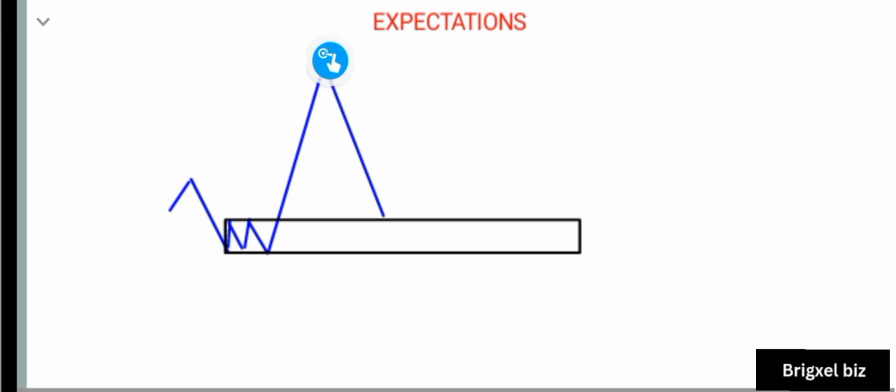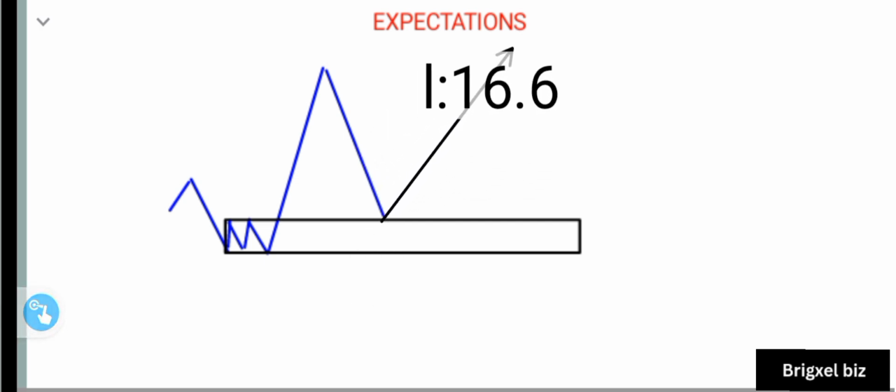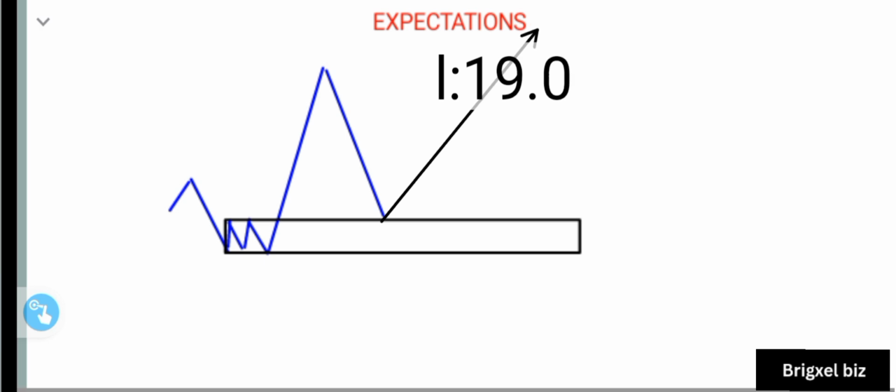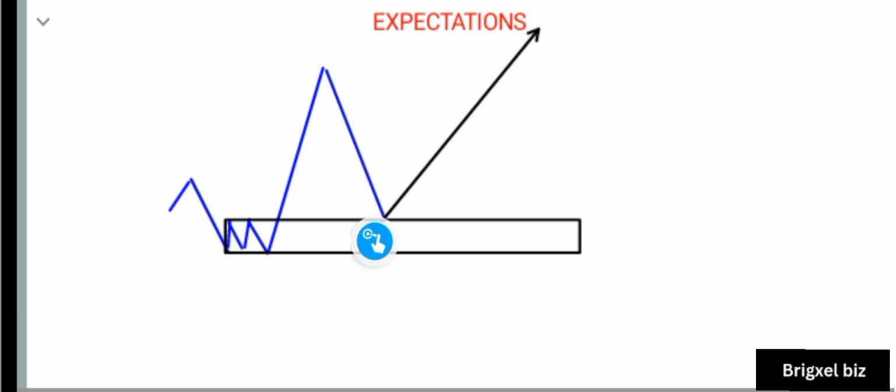Now what we are expecting is for price to drop back to this demand zone, ladies and gentlemen. And after the drop to this demand zone, the other expectation is for price to move upward, to reject from that direction. So as a technical analyst, what you are expecting is for price to drop to the demand zone, and then you would buy from this region.